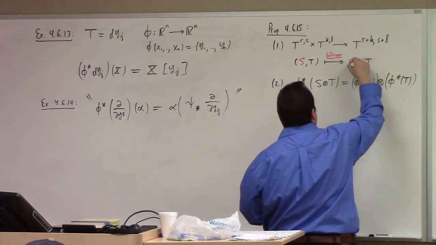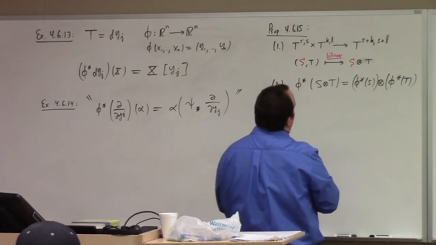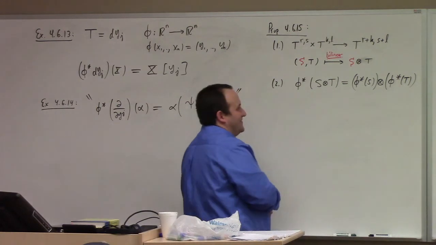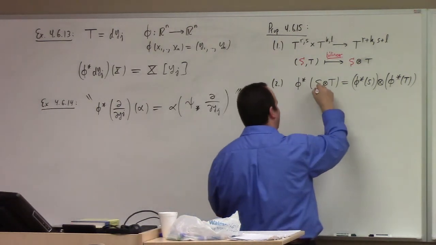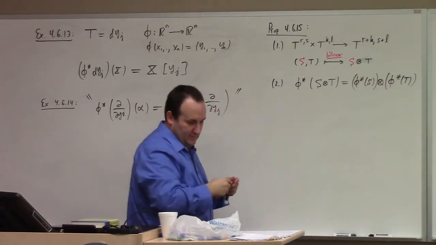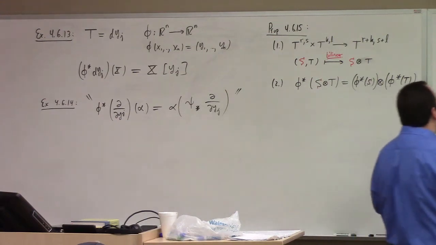There we go. Is that better? Yeah, but the T, I mean, come on. There we go. Now, this brings us to the definition, which would have probably been helpful.